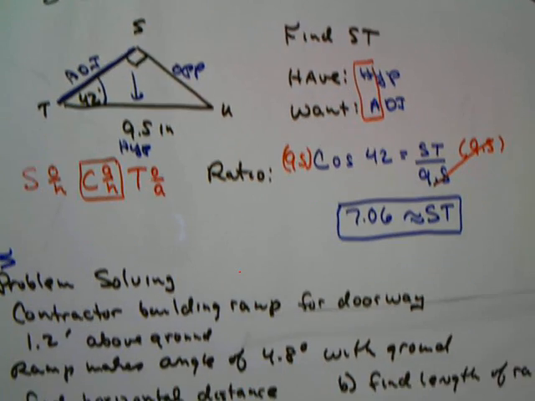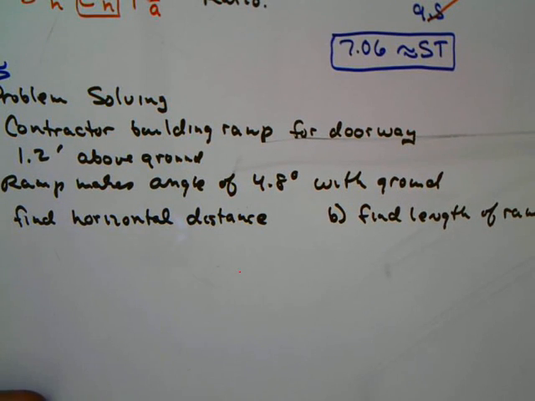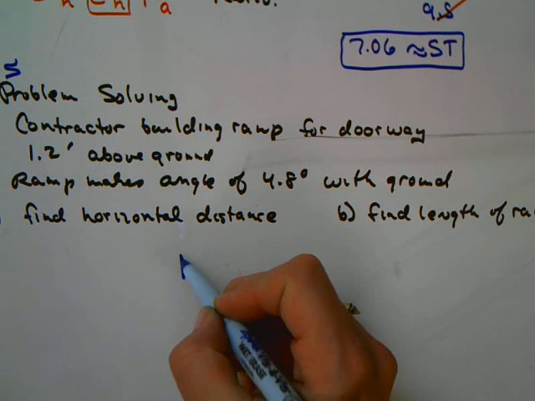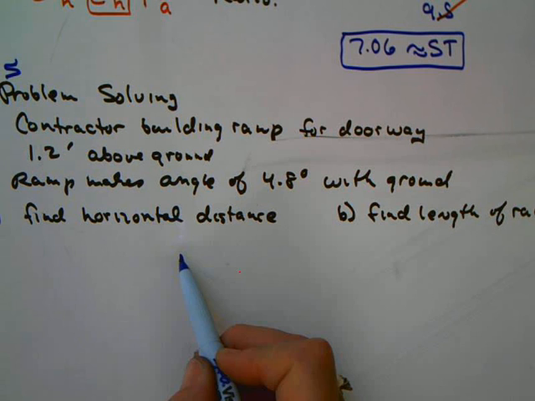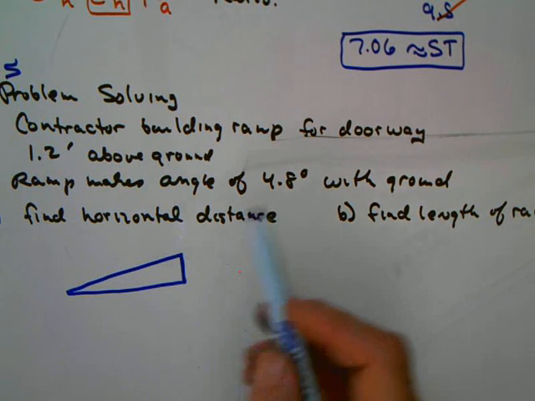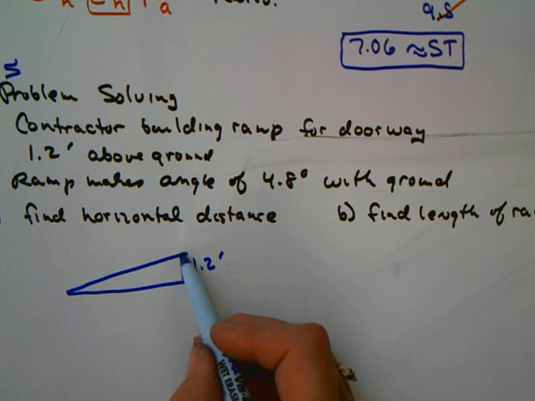Okay, what if I have a word problem? Let's say I'm a contractor, and I'm building a ramp for a doorway. So here's my doorway. It's up above the ground, and I need a ramp to go up to the doorway, and the doorway is 1.2 feet up above the ground, so that's where the house goes.